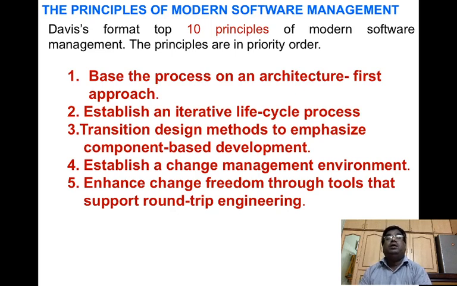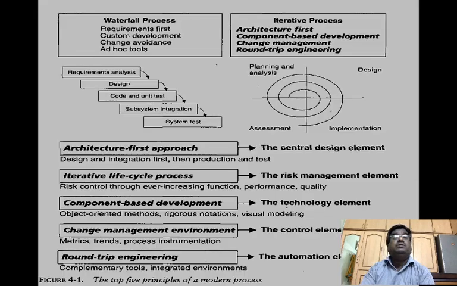You should remember that nowadays the latest development methodology is known as modern principles. All 10 principles should be followed by each and every software organization. These 10 principles are very, very important. And the second slide is also very important.